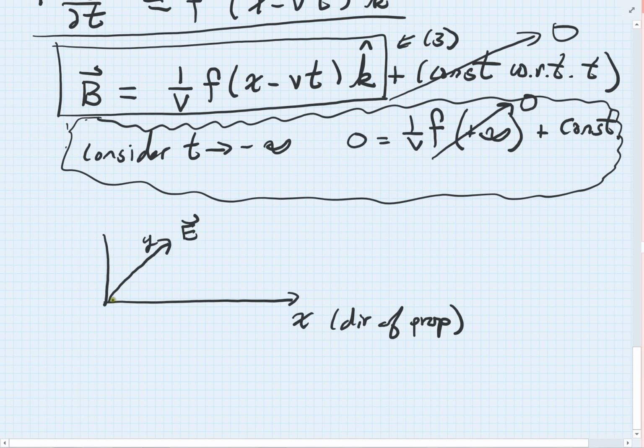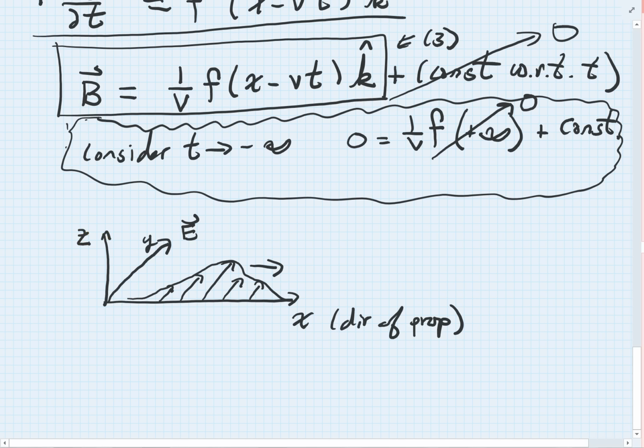So if I sketch my little function f, my electric field vectors always point along the y direction. So here's my little pulse. Here it might have a shape like this, as it's moving along. The magnetic field, as we've just derived it, points along k hat, or the z direction.